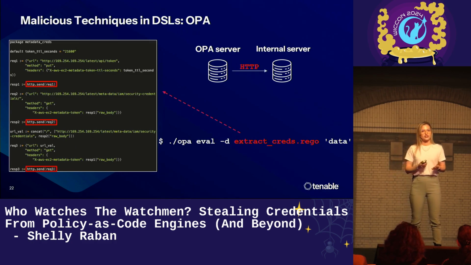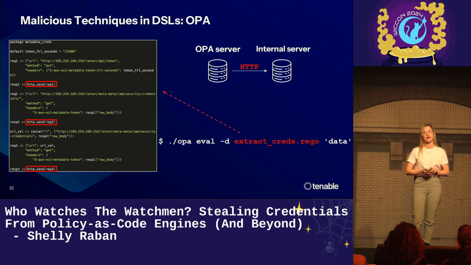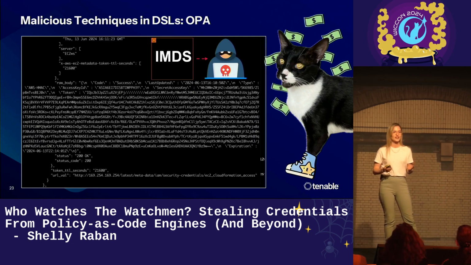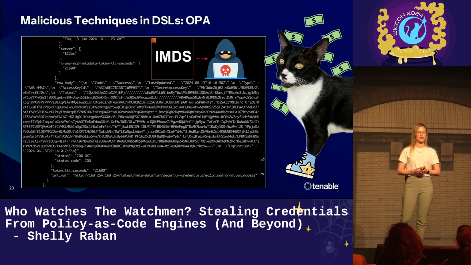And as you can imagine, policies should not reach other internal servers. This is actually very dangerous, especially if you use policies from third parties. So I ran this Rego code, and success! I was able to leak credentials from the IMDS to my external server. And I did that without using the OPA runtime function.